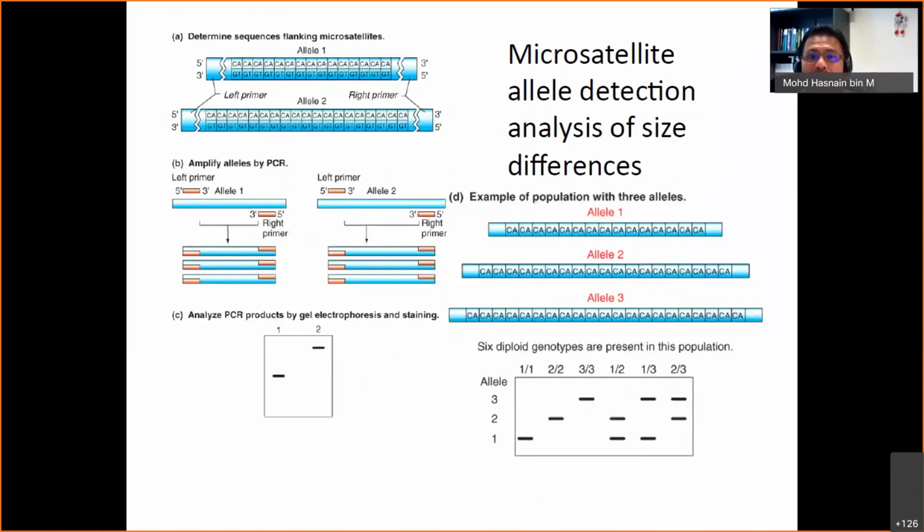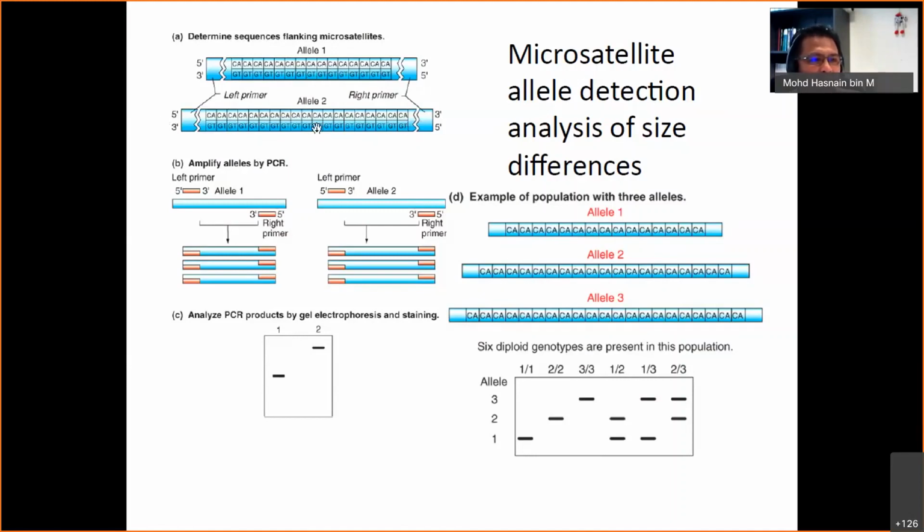May I ask how to see the differences in the diagram for 1.3 and 2.3? Okay, 1.3. Let's say there are individuals, because this one is example allele 1, allele 2. Actually, in another individual, there is, for example, an individual with 1 and 3 over here.